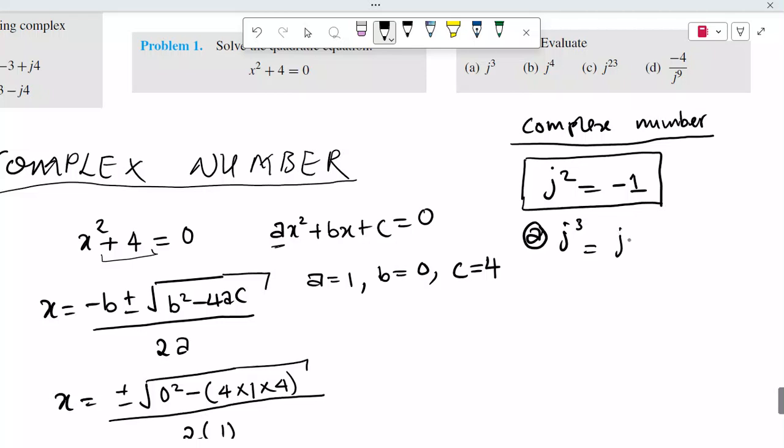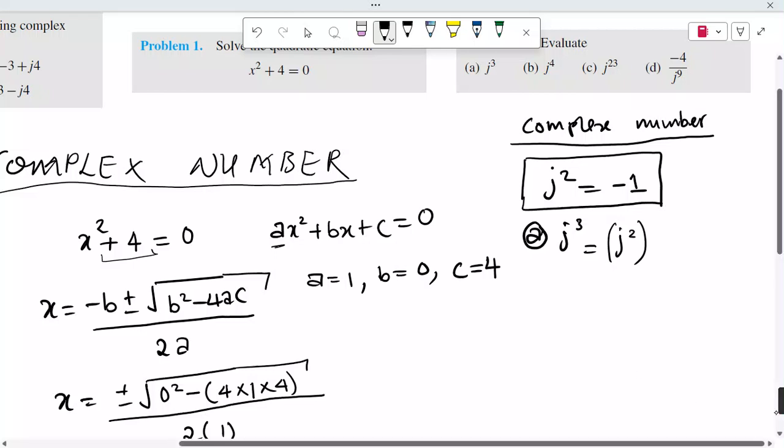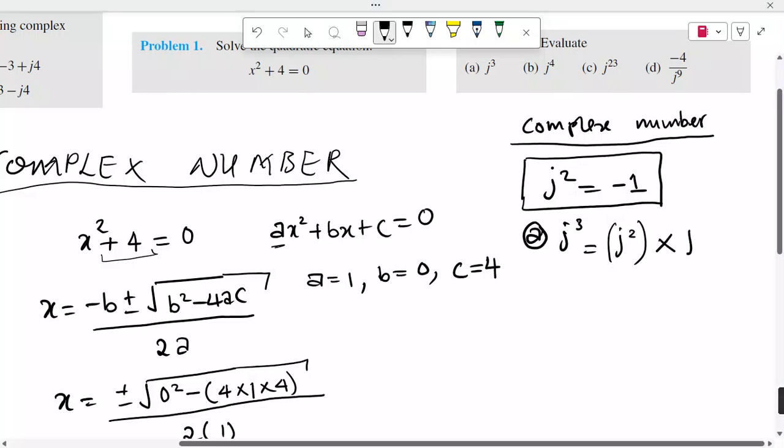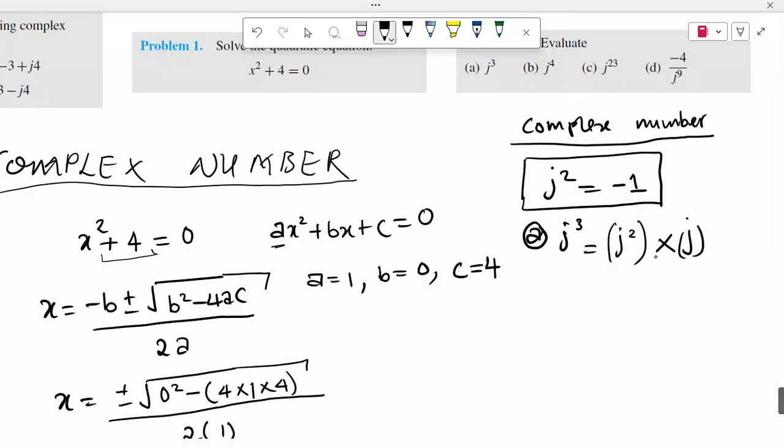So this is the same as multiplying j squared by a j, because 2 plus 1 gives power 3.